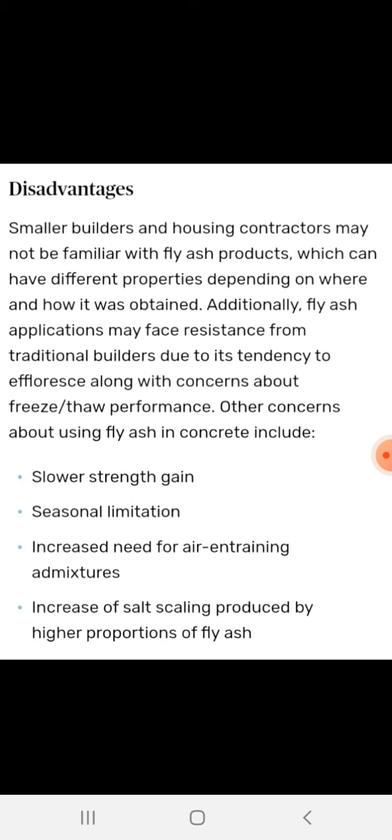Other concerns about using fly ash in concrete include slower strength gain, seasonal limitation, increased need for air-entraining admixtures, and increase of salt scaling produced by higher proportions of fly ash. These are the disadvantages of fly ash.